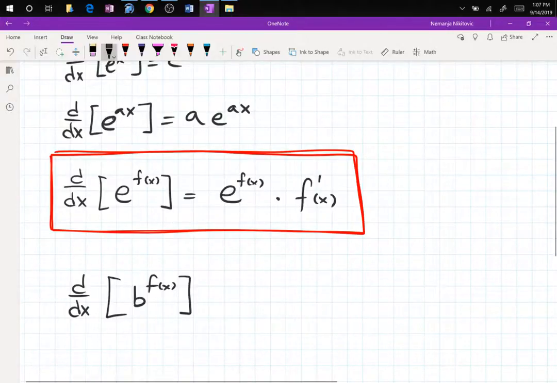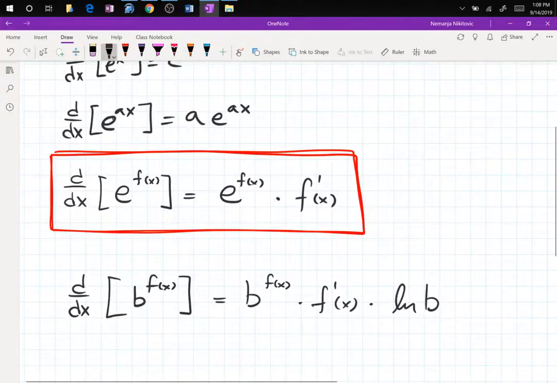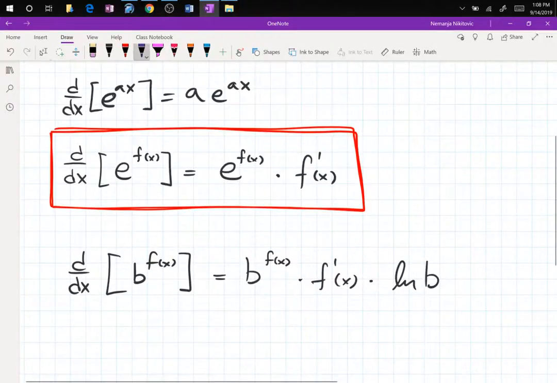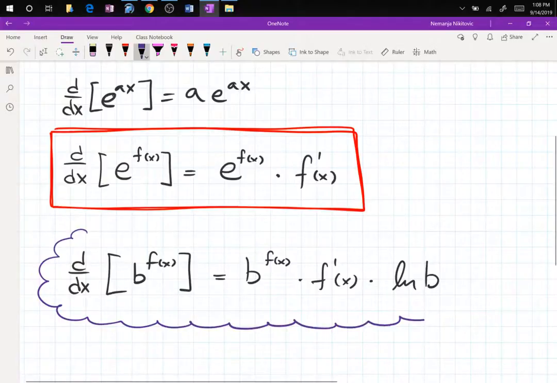So the derivative of any base, and with this one we'll do the example immediately, you can have 2 raised to the sine x. So you can do that with this formula. And the derivative is b raised to the f of x times f prime of x times ln of the base b. So I'm going to put this one on this cloud, because it is the boss equation.